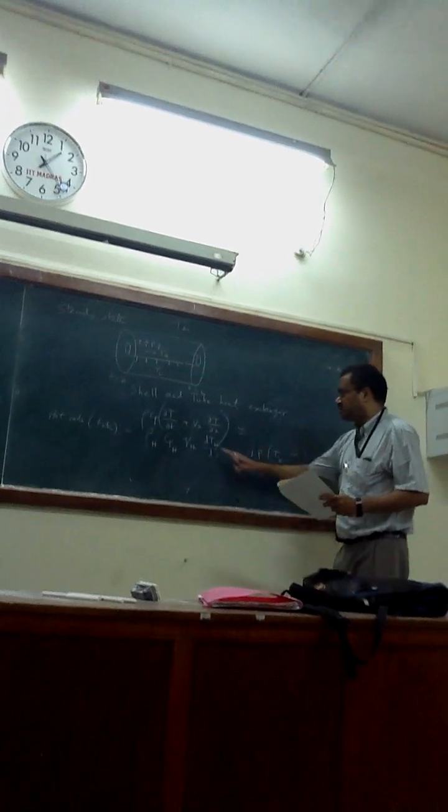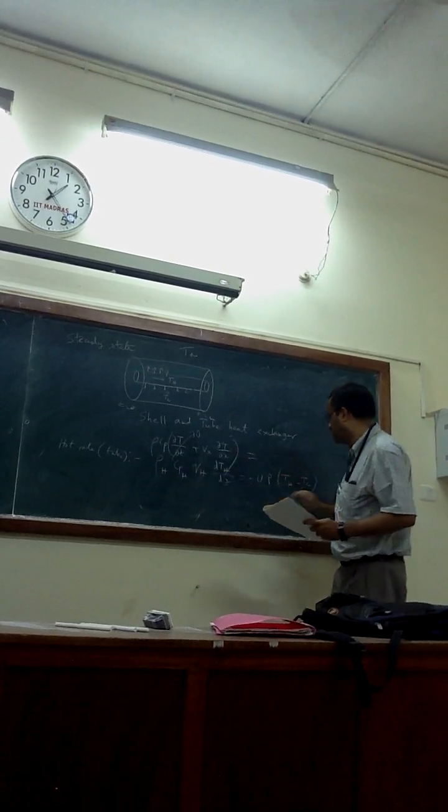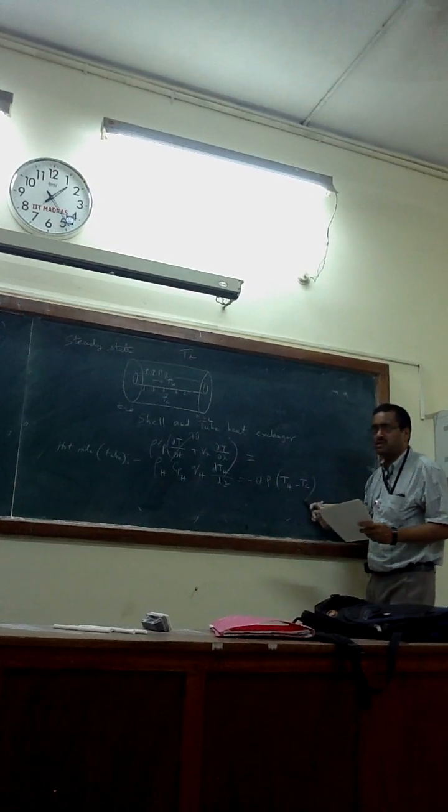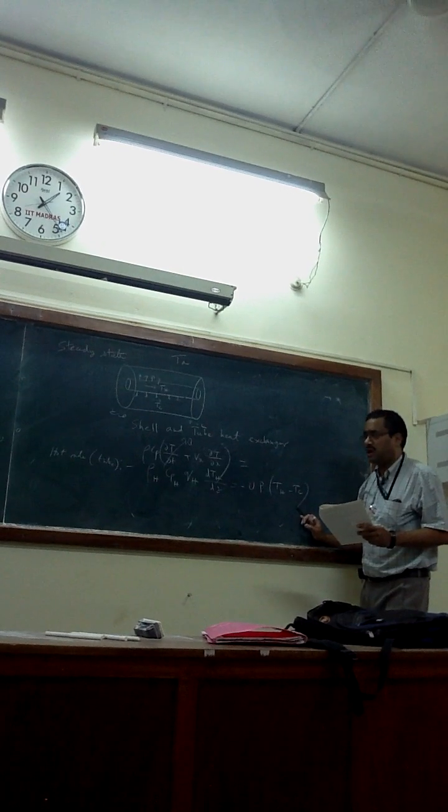Okay? So this is coming from here. Steady state, that means this term is going to 0. And this is the heat loss volumetrically from the wall. So this is the balance equation for the hot side.